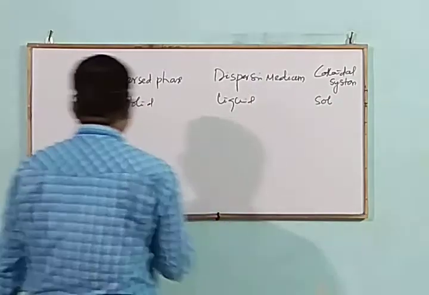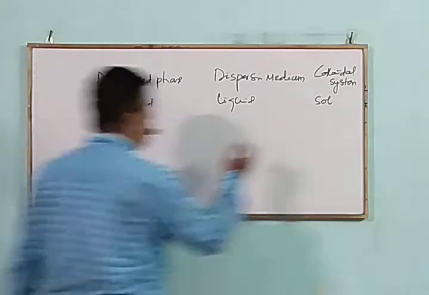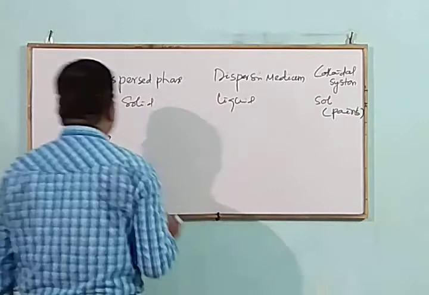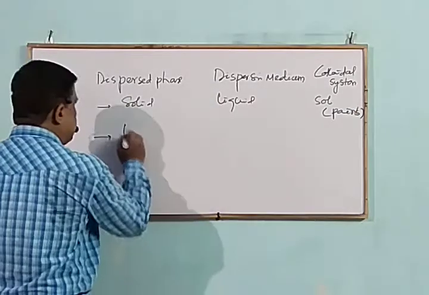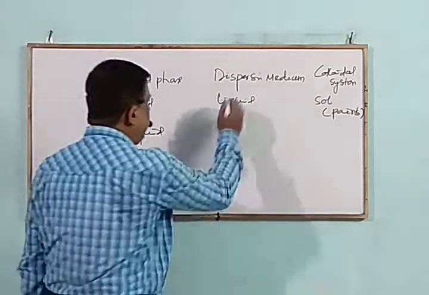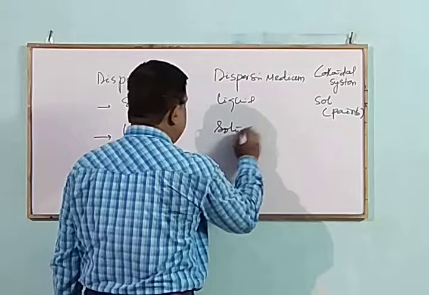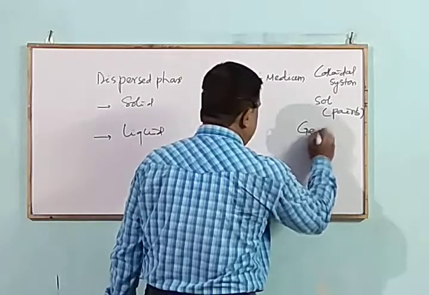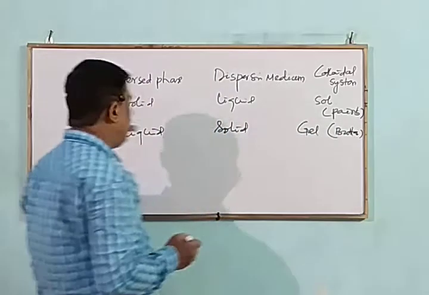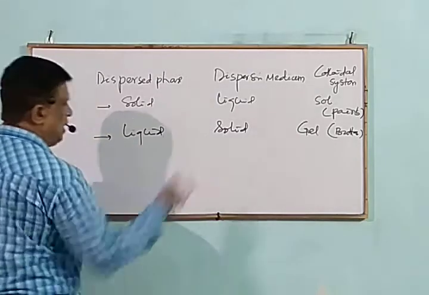Suitable example is paints. On the other hand, if the dispersed phase is liquid and the dispersion medium is solid, then it is known as gel. Suitable example is butter, jelly.